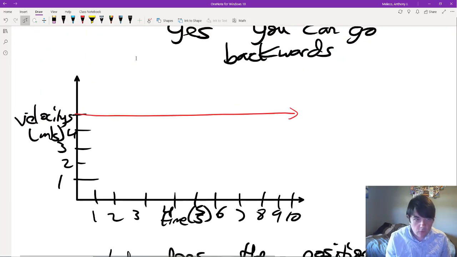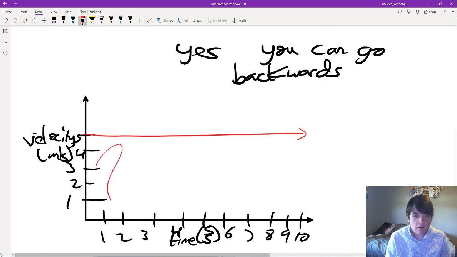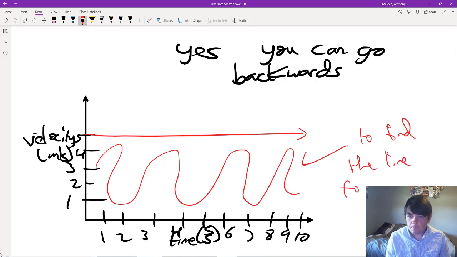But what you can do is, whoops, you can get the area under the curve to find the line for position. Get area under curve, or area under the function.